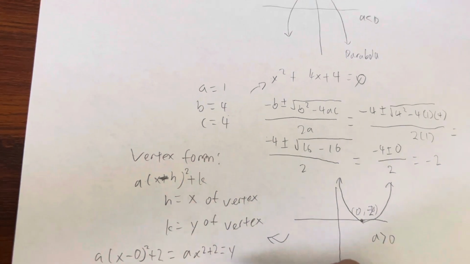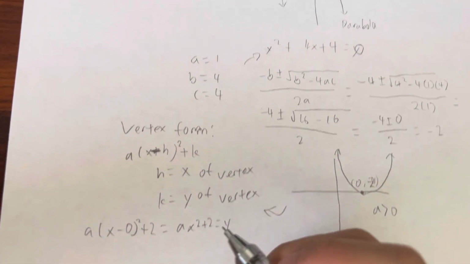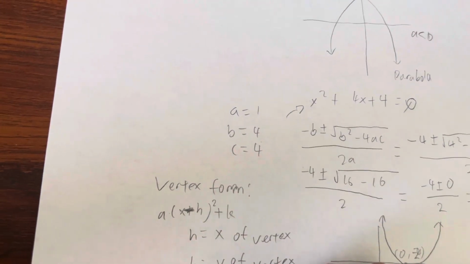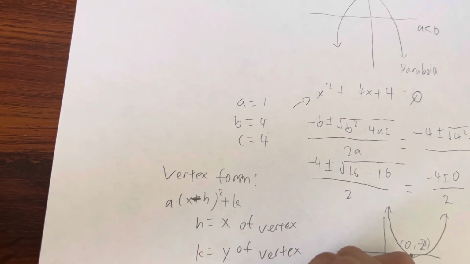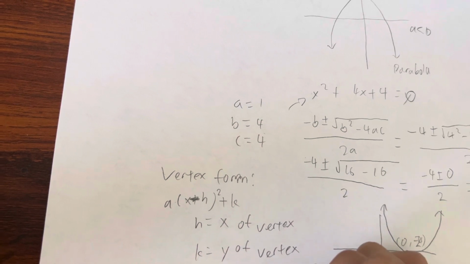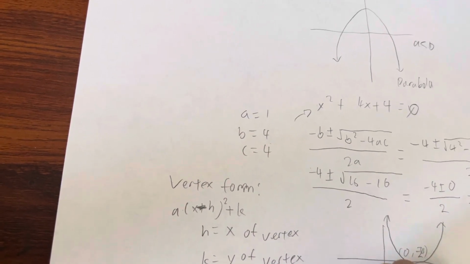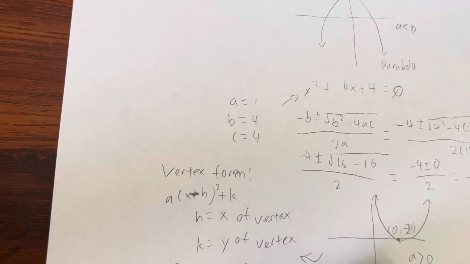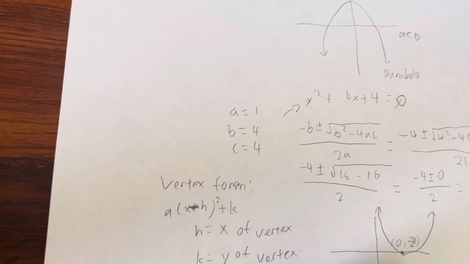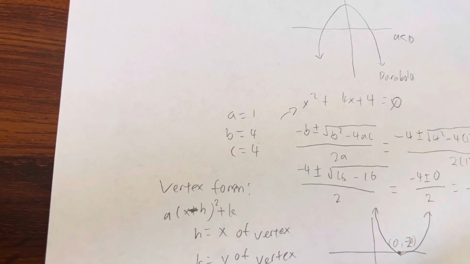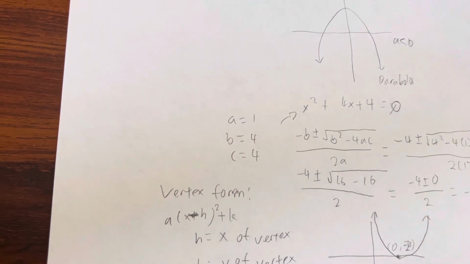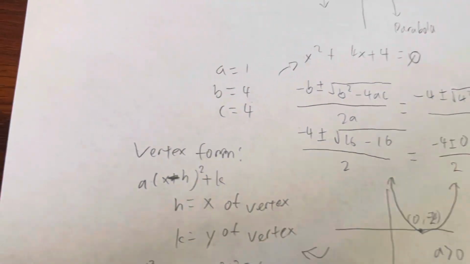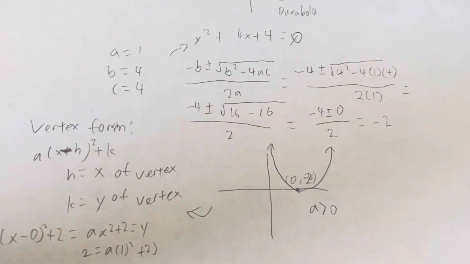You can substitute it for the x and y and find a. Say we know the point 1, 2: 2 equals a times 1 squared plus 2, so 2 equals a plus 2, and you know a equals 0. And then you can substitute it everywhere.